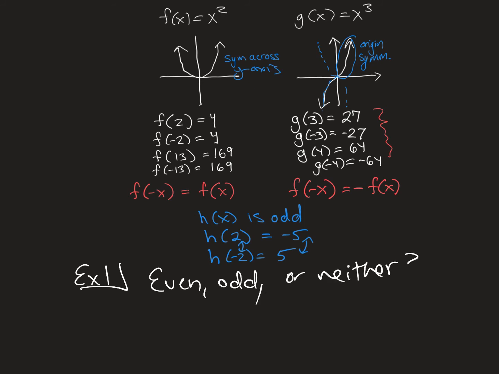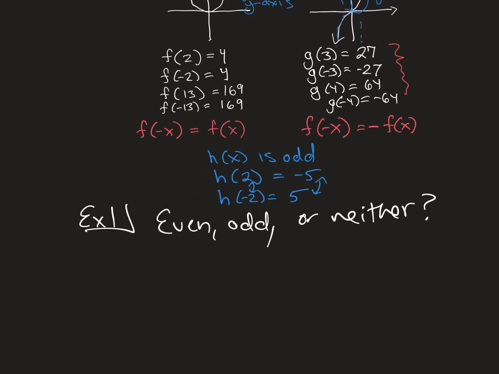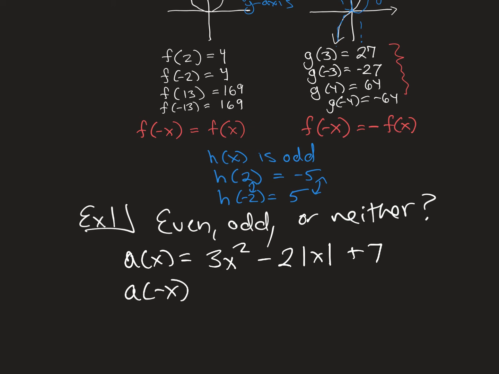Okay, so let's do a of x equals 3x squared minus 2 absolute value of x plus 7. So to test if it's even or odd, I plug in negative x, always start there. I plug it in only for x.